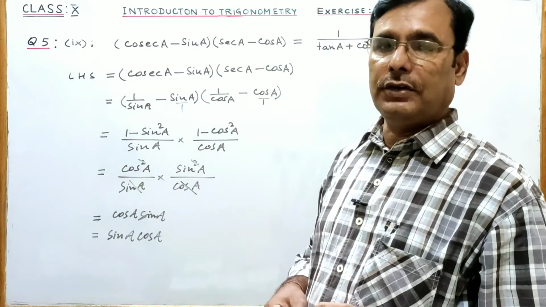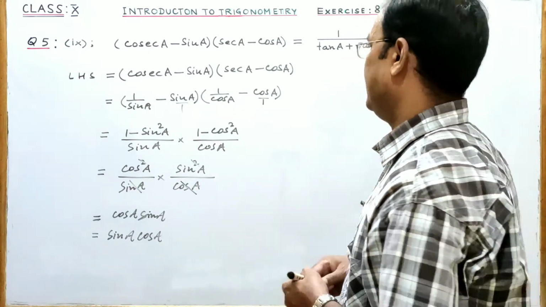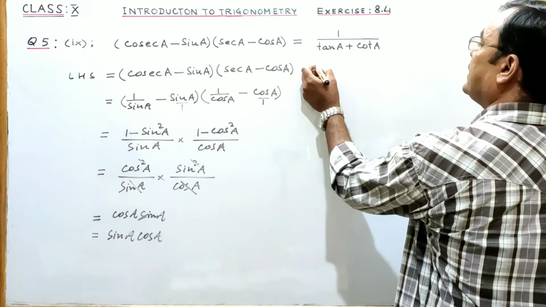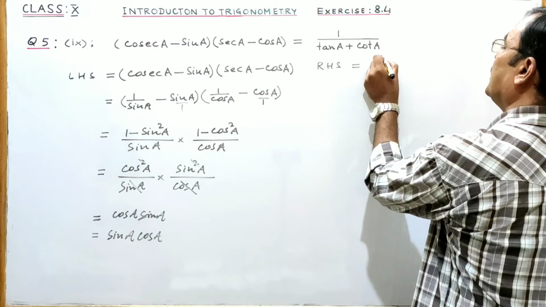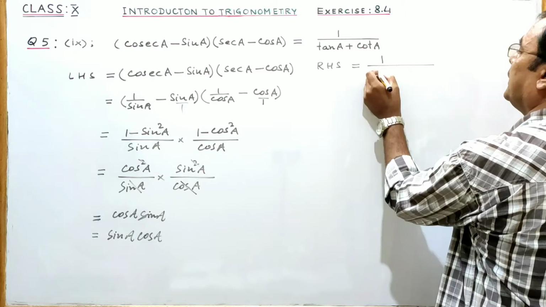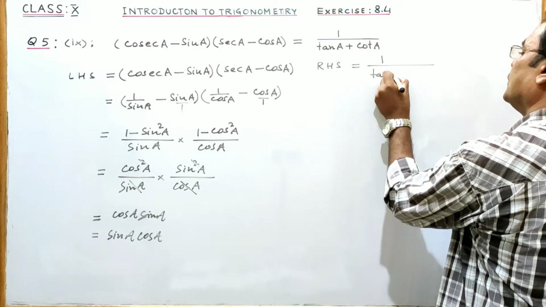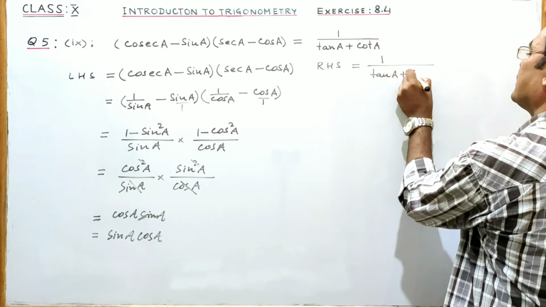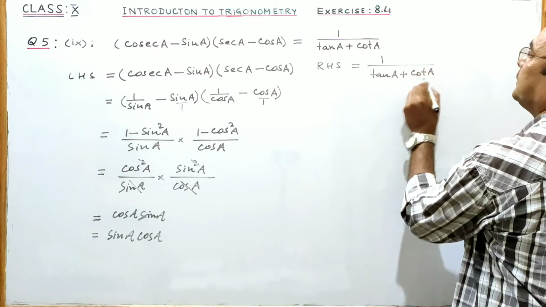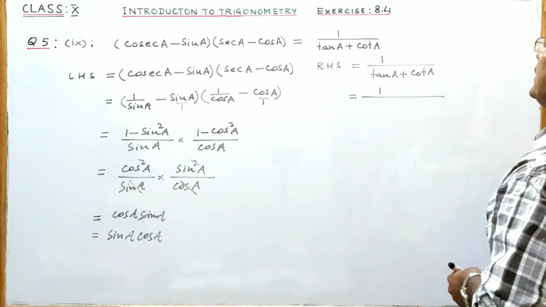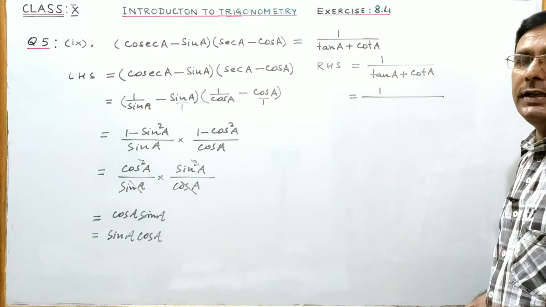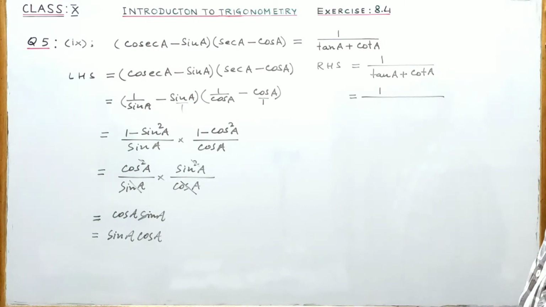Similarly, we are going to simplify right hand side. So let us take right hand side, which is equal to 1 by tan a plus cot a. So 1 by tan a and cot a we will change in terms of sin a and cos a.